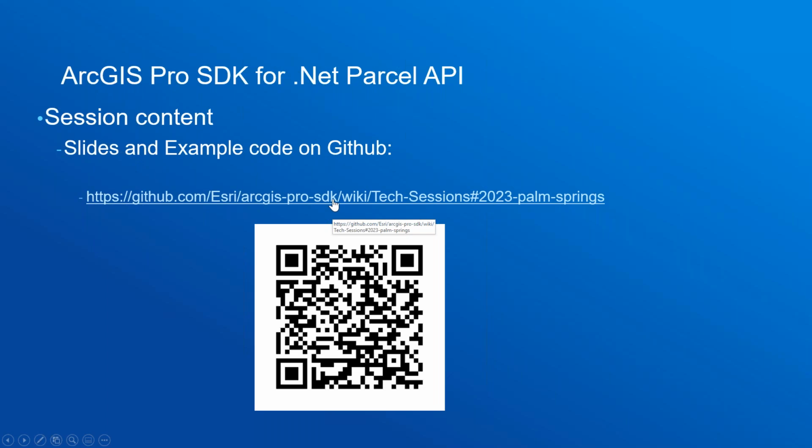But for the older information, like the parcel data model, using the API to do other things like creating parcel types, and also COGO information, you can go to this link and get all of the source code there as well.